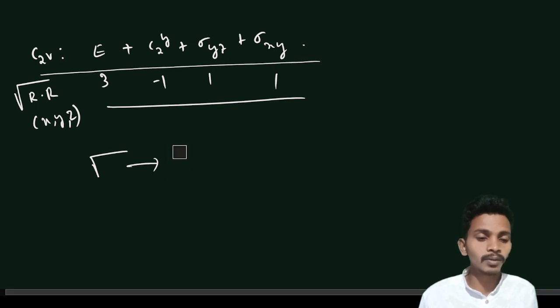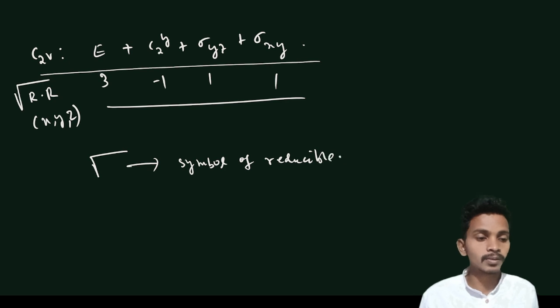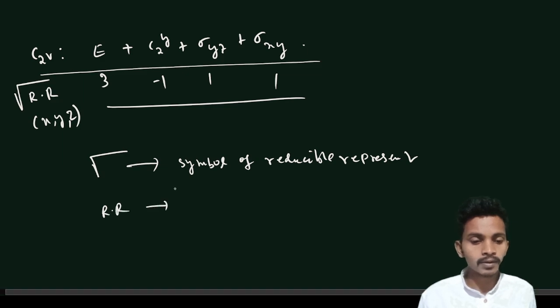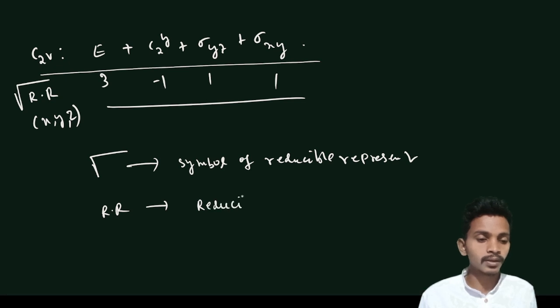Okay, so this shows the reducible representation. This is the symbol of reducible representation, and this is the shortcut for reducible representation. This is actually a reducible representation.